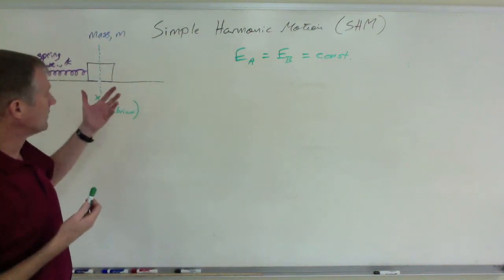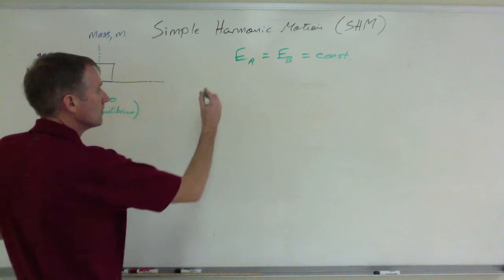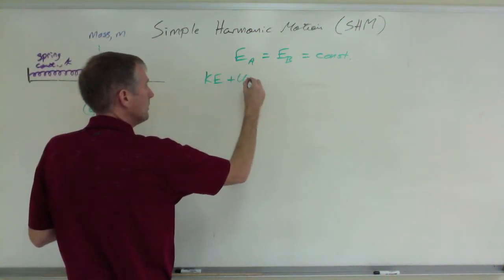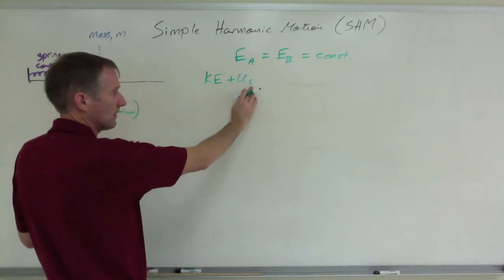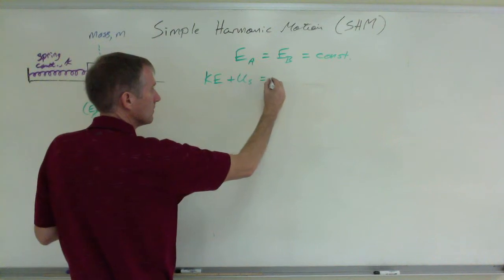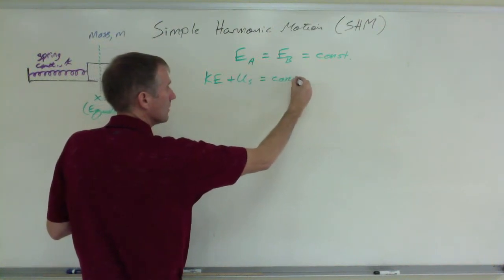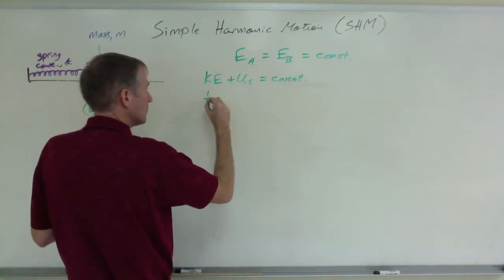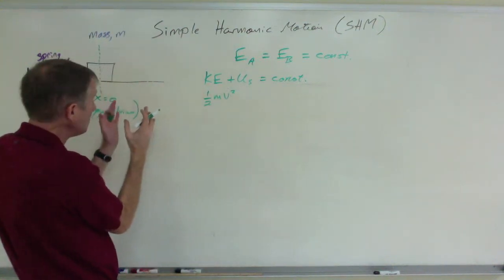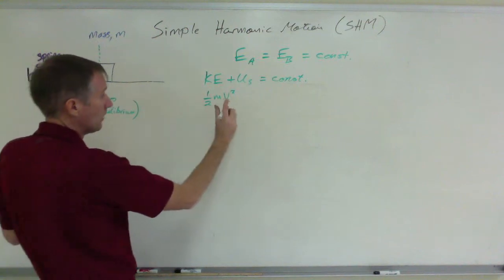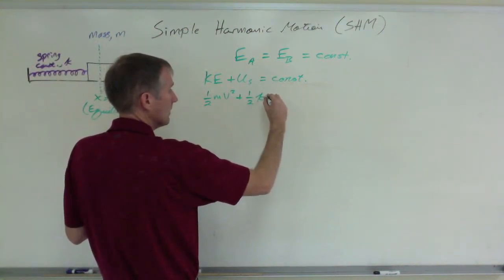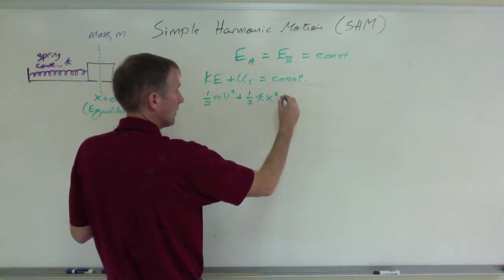Well, what is the energy made up of? You've got the kinetic energy plus the potential, and it's spring energy, all right, elastic potential. And that equals a constant, wherever it is. What is this? This is 1/2 times the mass times the velocity of the object at that point in its motion squared, plus 1/2 kx squared.